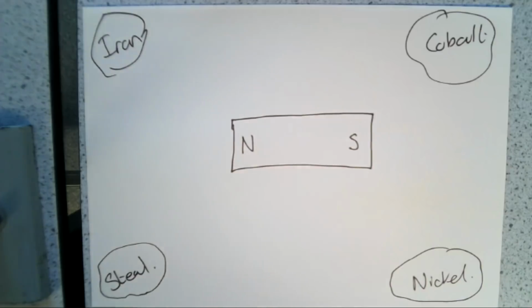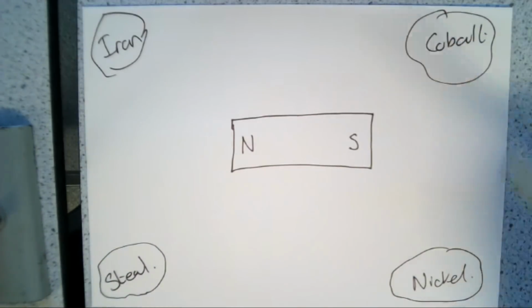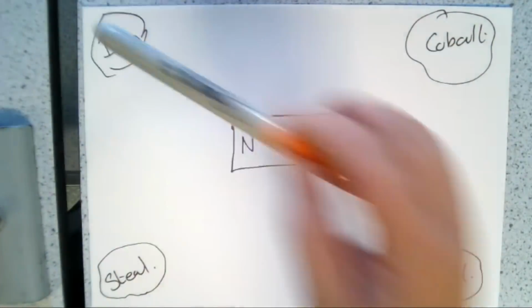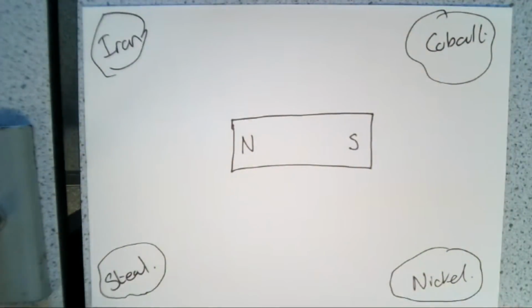Now, magnets exert something called a non-contact force. It means they've got an invisible force, one you can't see, that affects other objects. So in this case, if I had a piece of cobalt, nickel, steel and iron and a big magnet in the middle, they would get attracted by this invisible force.